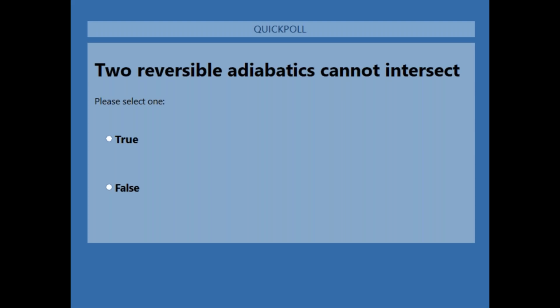Okay, so it was asked in the form of a true and false kind of question, and the statement was: two reversible adiabatic processes cannot intersect with each other. Is this statement true or false? So the majority of the students have opted for the true option, which is correct.